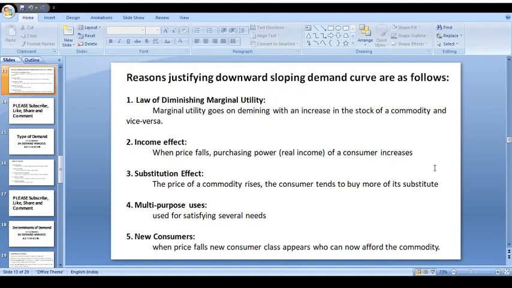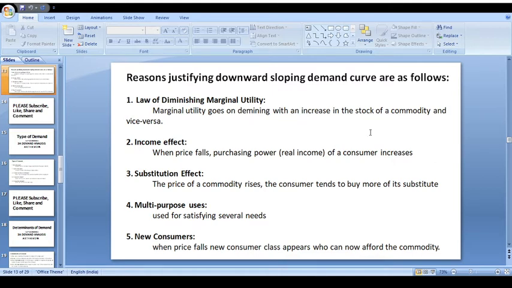Our next reason is the income effect. In the case of normal goods, when price falls, purchasing power, that is the real income of a consumer, increases, which enables him to buy more of that commodity.